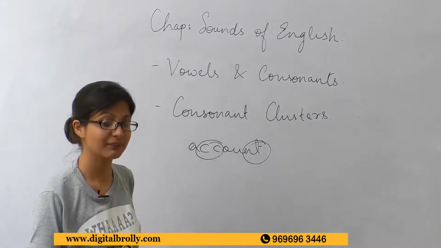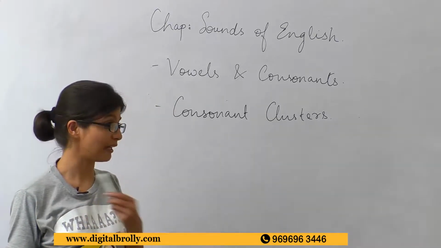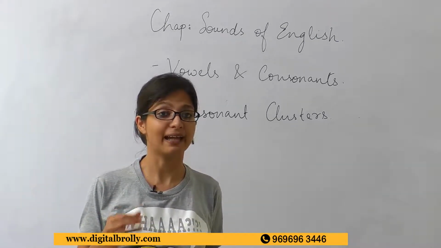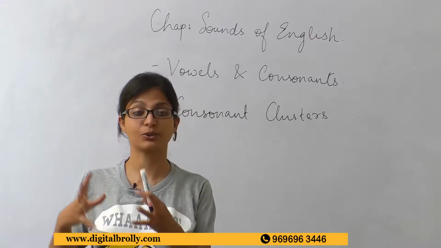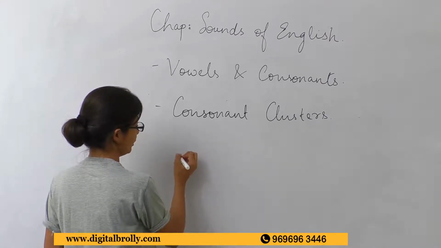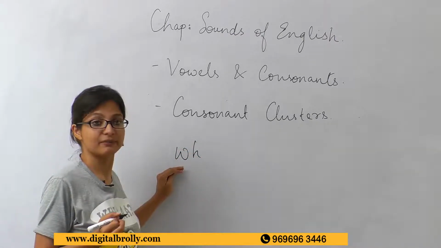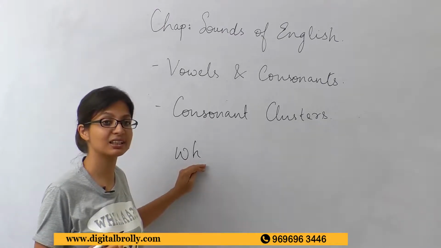Now, in English, if you notice, certain consonant clusters make very different sounds than the composition of these consonants themselves. For example, WH. W has a W sound, H has a H sound.